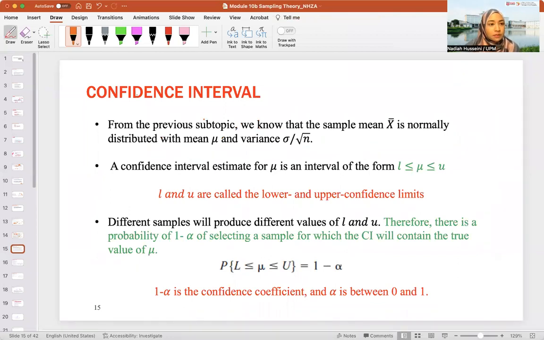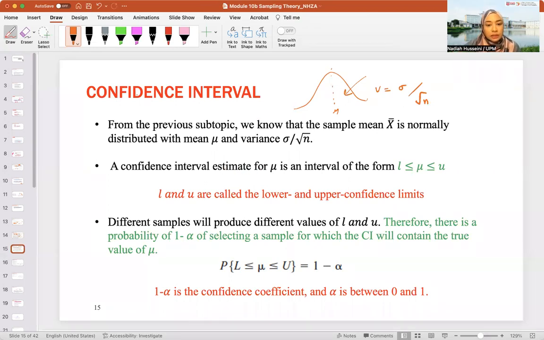From the previous subtopic, we know that we have a sample mean that is normally distributed. If we take a sample from this population, the sample mean centers at the mean of the population, and it has a standard deviation of the population standard deviation divided by the square root of the sample size.